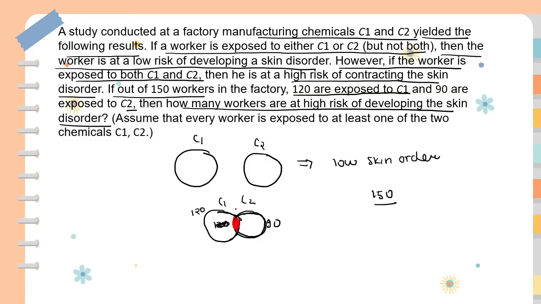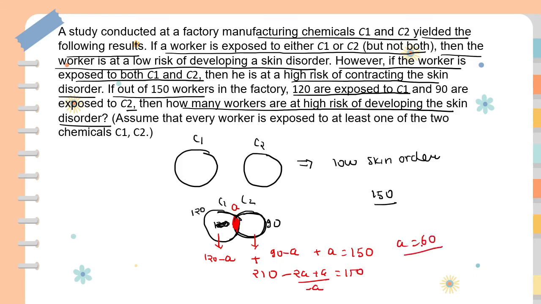Let us assume this is A, so the C1-only part will be 120 minus A, and the C2-only part will be 90 minus A. The sum of 120 minus A, 90 minus A, and A will give 150, so 210 minus 2A plus A equals 150, which gives minus A, so A will be equal to 60. Okay, so there are 60 workers who are exposed to both C1 and C2, and they will have very high impact of chemicals on their skin.